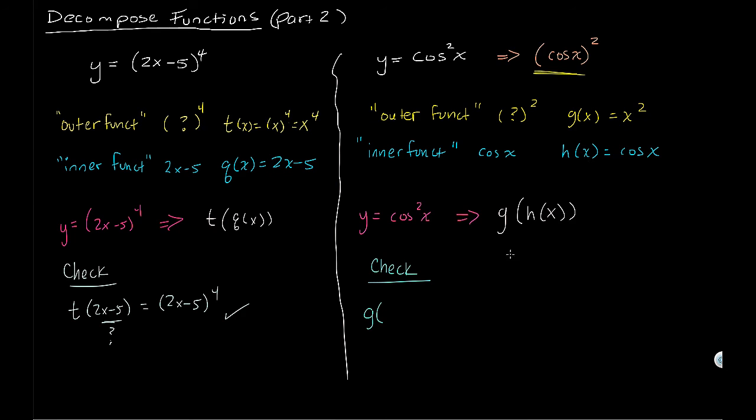Well, h is cosine. So what this says is I'm going to take cosine and substitute it into the g function. Well, the g function says whatever you evaluate into g, you just square it. So this is something squared. But if you remember, we can rewrite this in a much cleaner, more efficient notation. And we would rewrite it like that, which is exactly what we were given.